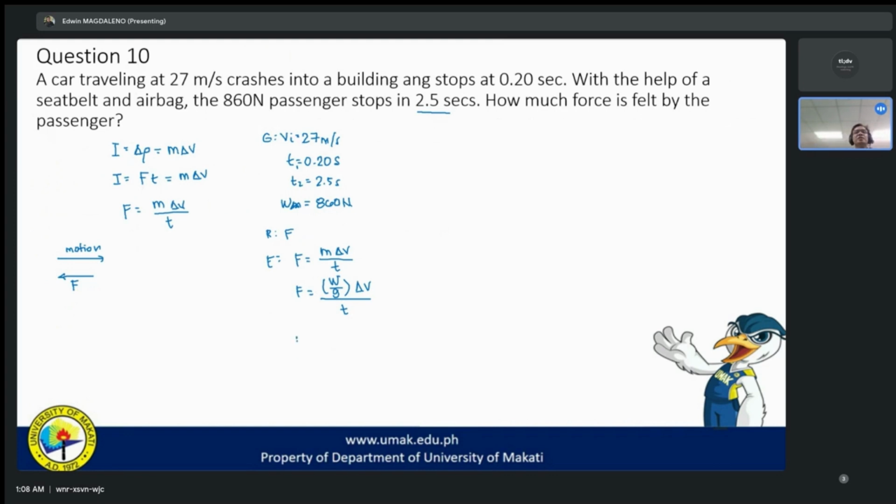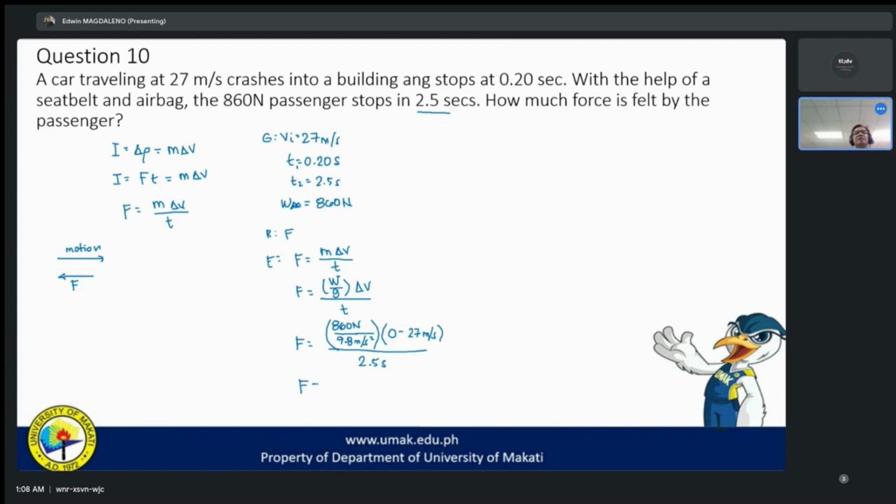So the force is equal to the weight, which is 860 Newton, divided by gravity, which is 9.8 meters per second squared, times the change in velocity. Dahil tumigil siya, it stops in 2.5 seconds, so 0 ang final, minus initial, which is 27 meters per second, divided by time, which is 2.5 seconds.